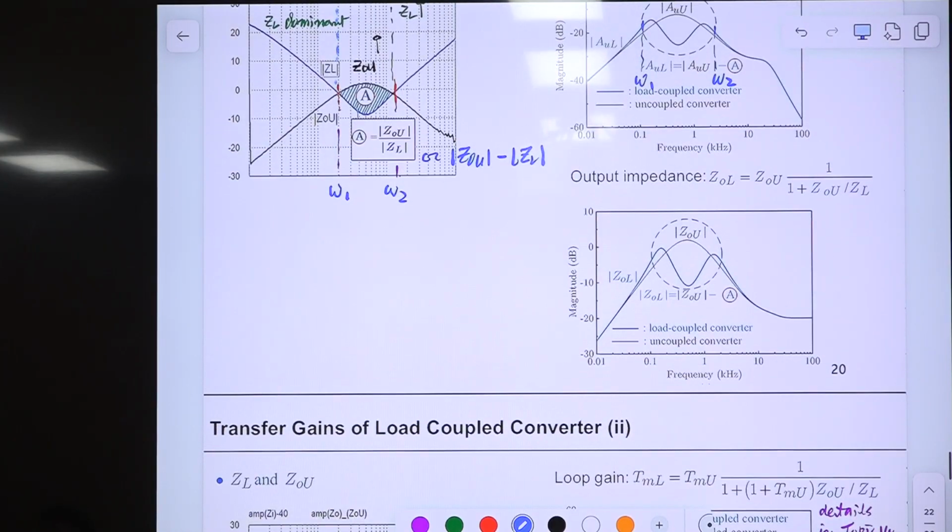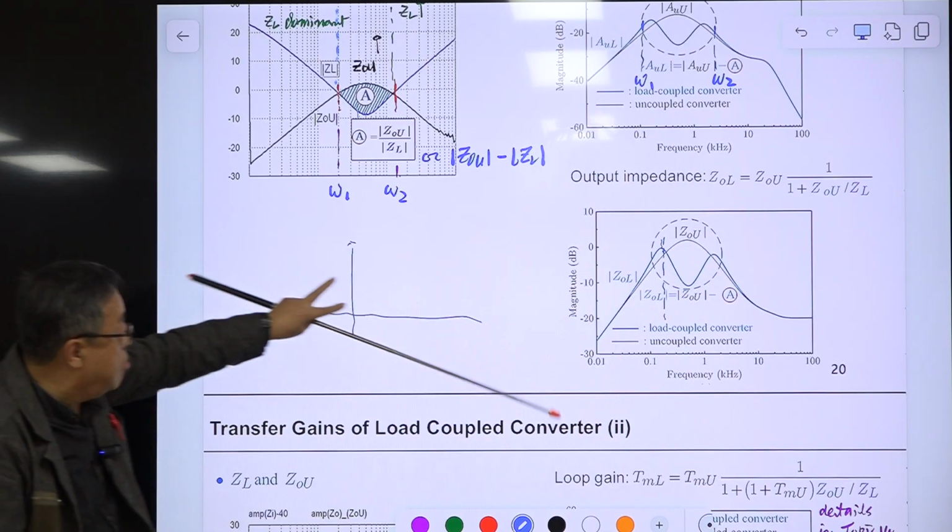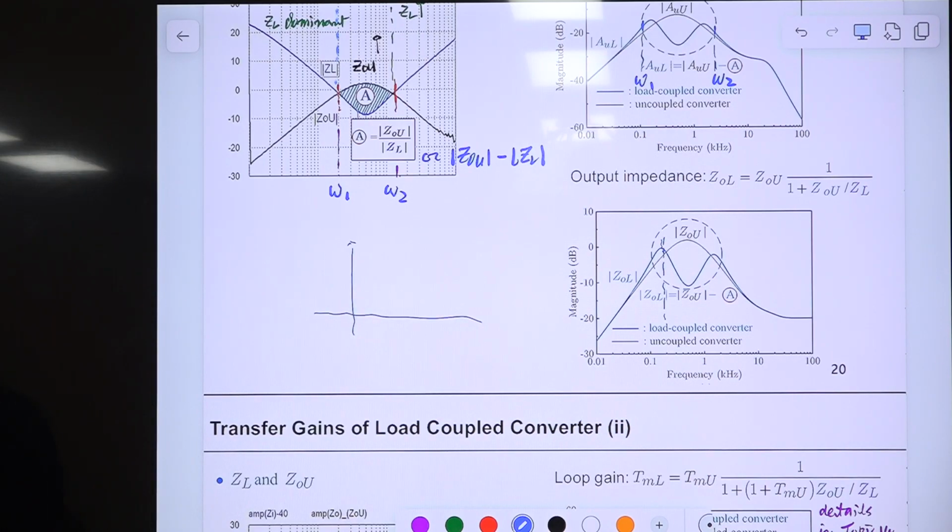I can sketch this very accurately. The step change will be like this. There is some oscillation at low frequency. So this is a peak, there is some peaking. From this peak, you can predict this kind of behavior of V-link, the transient response of V-link.